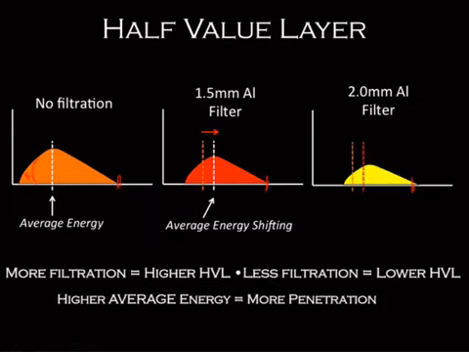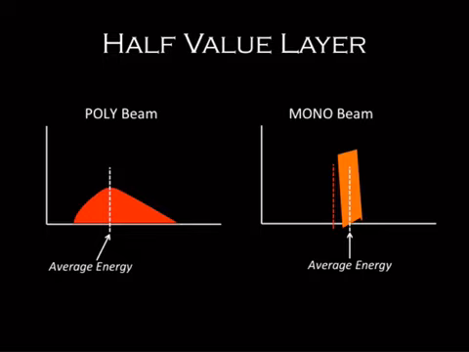So this is more of a theoretical idea here. The monoenergetic beam is sort of the ideal beam. It doesn't really happen in real life. The real ones are polyenergetic for all the different reasons that I sort of mentioned before.